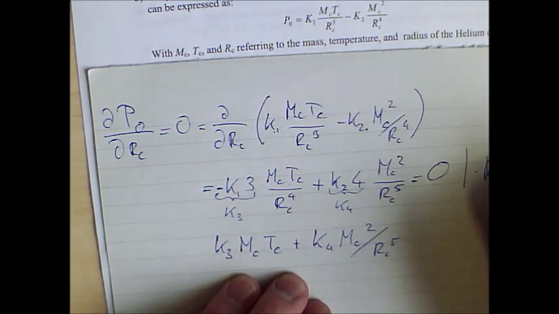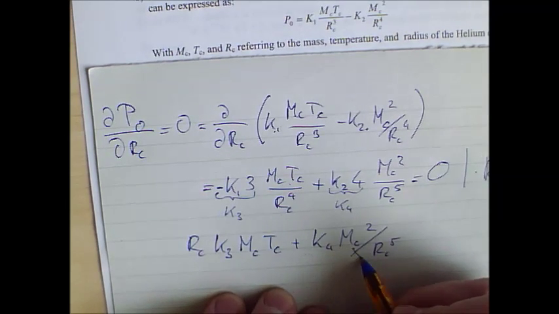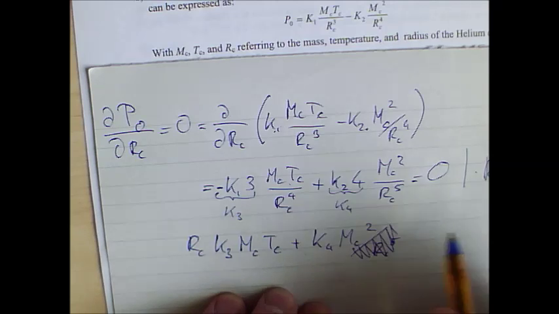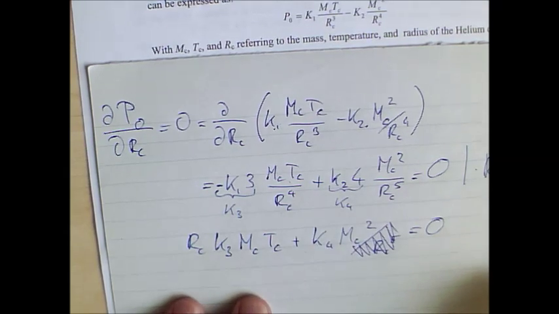It would make life easier if I multiply straight away by r to the power of 5, so we're left with RC here and no RC here, so we're not working with any fractions, equals 0.